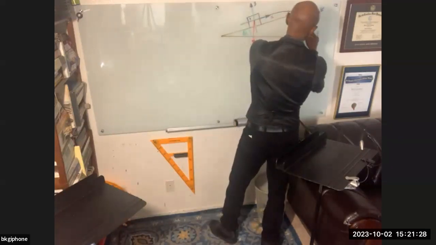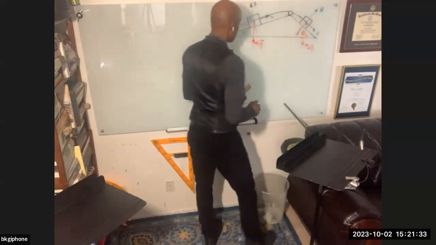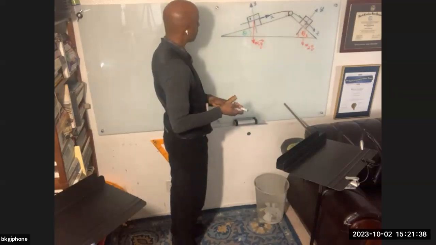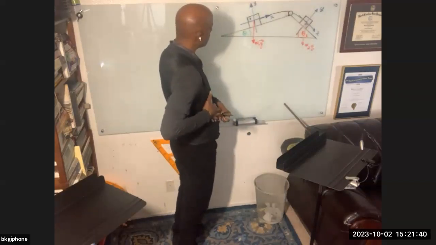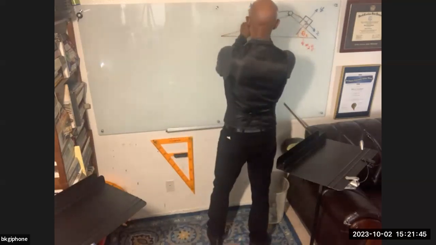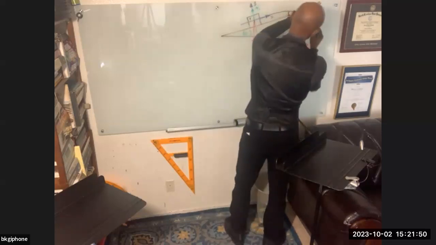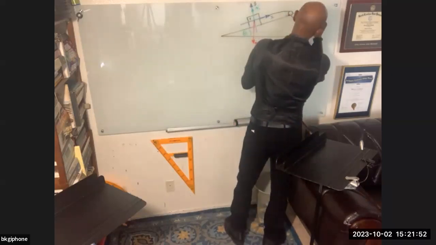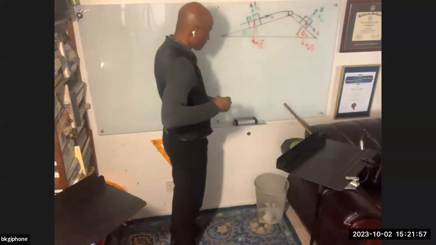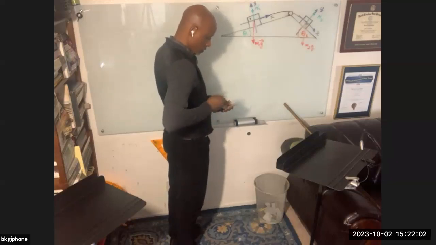Here, M2G. Normal force here, I'm going to call that N1. Normal force here, N2. Now, the accelerations and the tensions are the same because it's an ideal pulley, so we don't have that to worry about.